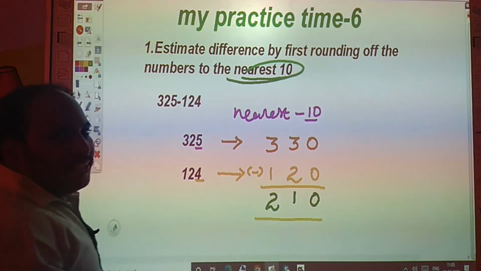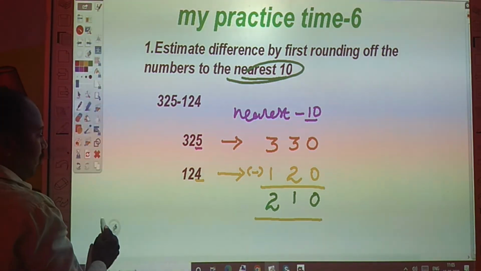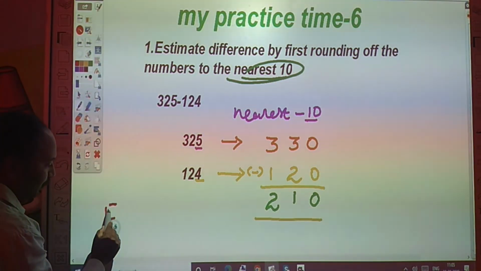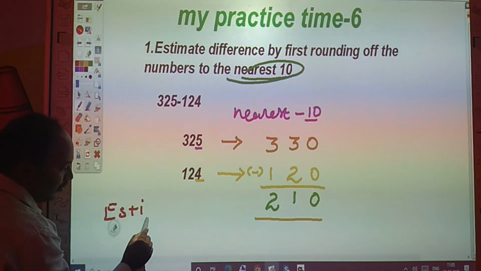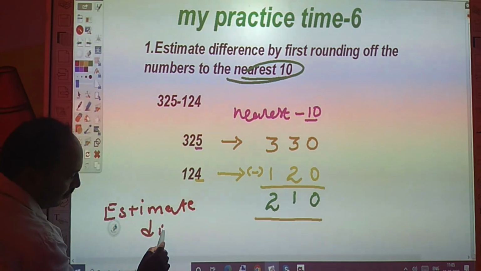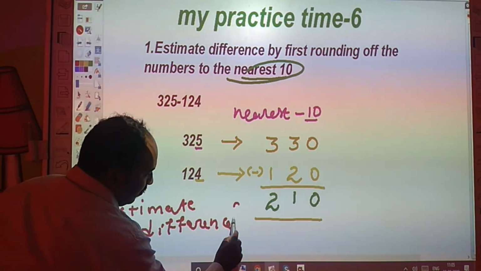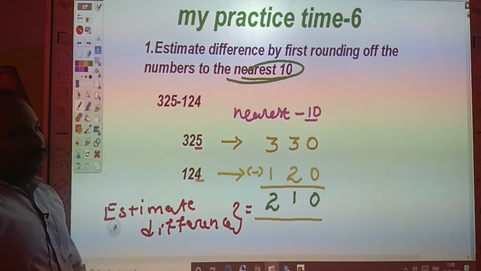So the estimated difference is equal to 210. Difference means minus.